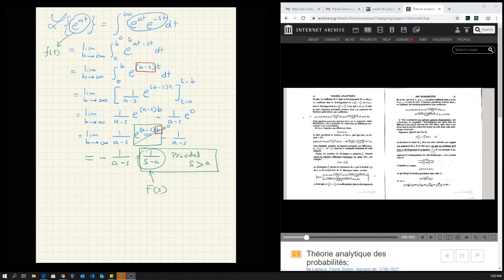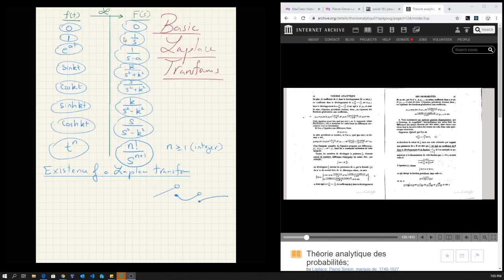We always integrate from 0 to infinity. Okay, now that's the first condition. So f of t is piecewise continuous on 0 to infinity.